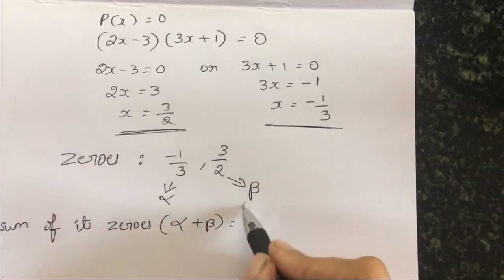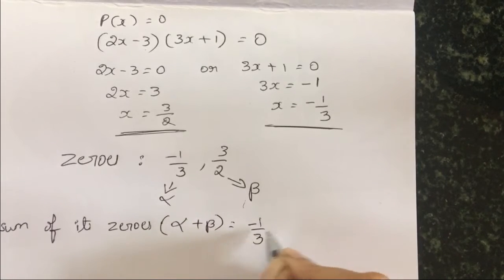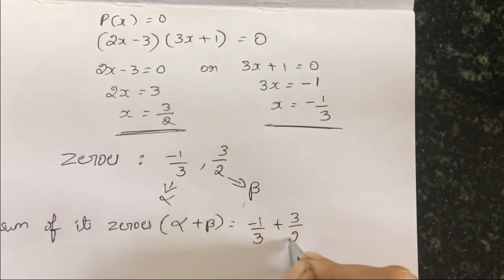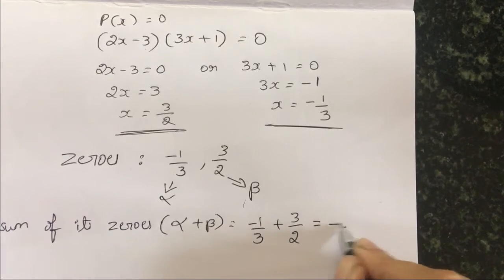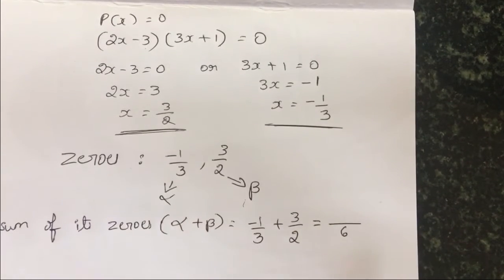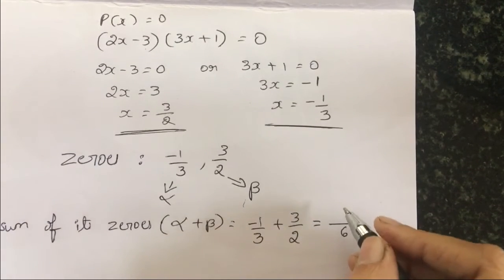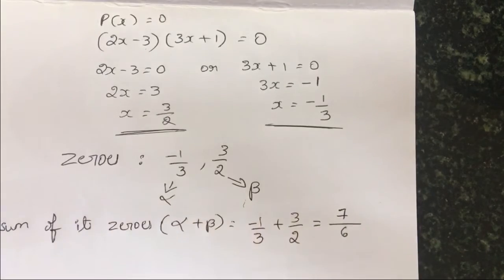What is this? This is minus 1 by 3 plus 3 by 2. It is 6 here, minus 2 plus 9, so that it is 7 by 6.